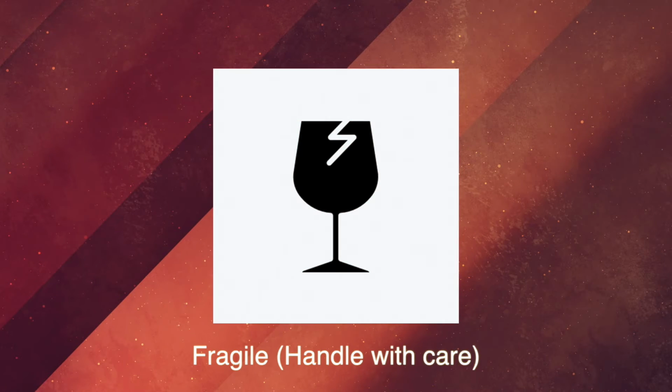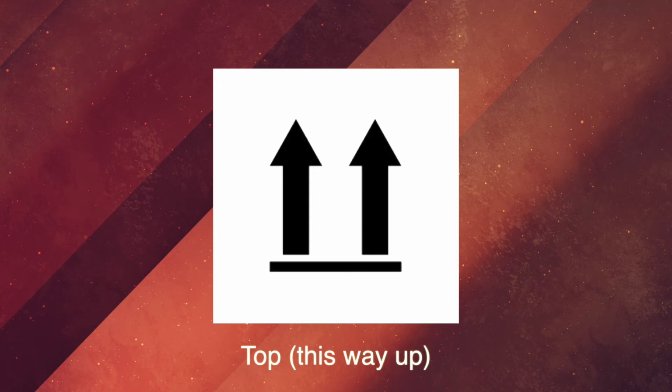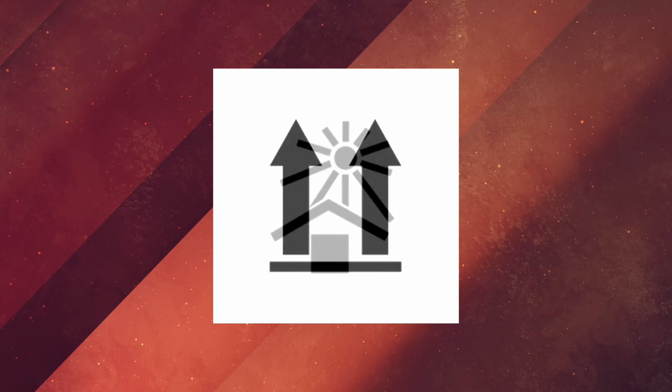Fragile, handle with care. The symbol should be applied to easily broken cargoes. Use no hooks. Any other kinds of point load should also be avoided. Top, this way up. The package must always be transported, handled and stored in such a way that the arrow always points upwards.